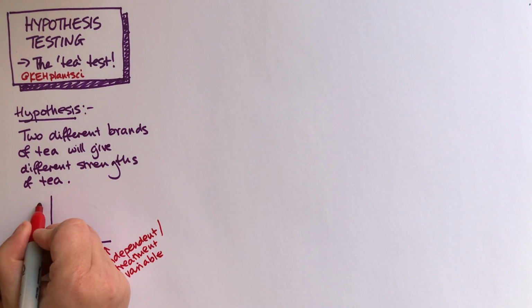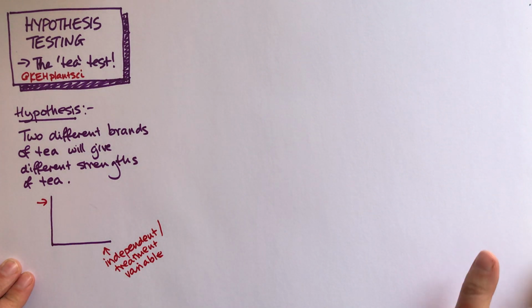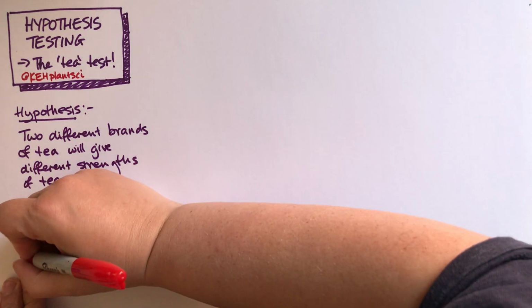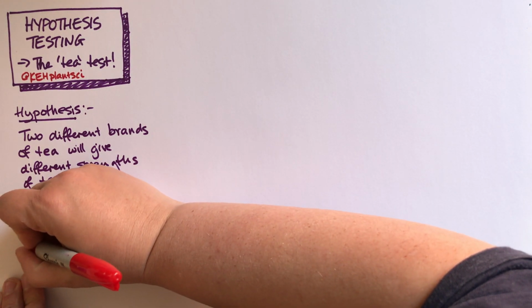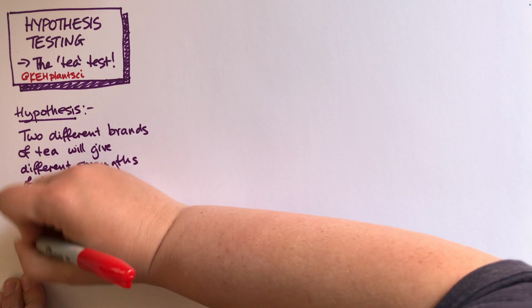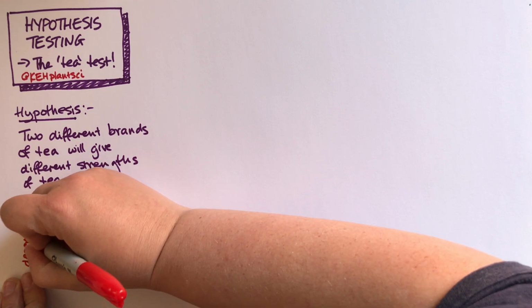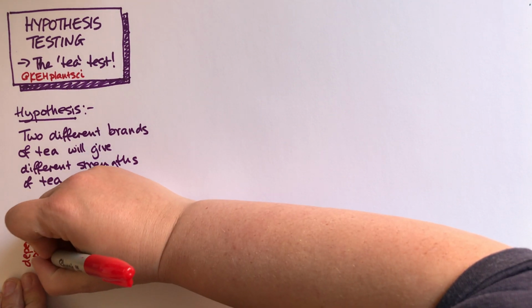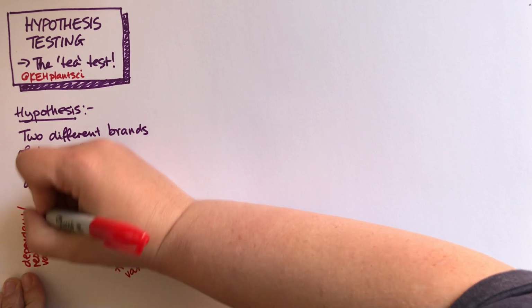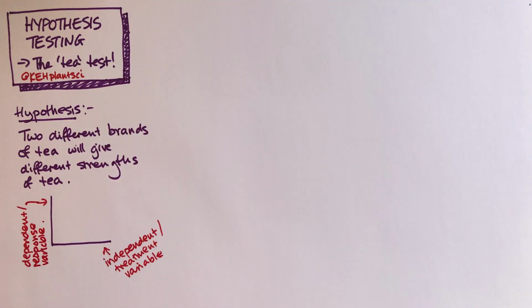And on the y-axis, we usually put our dependent variable, which is sometimes known as the response variable. Okay, so that's the thing that we're actually going to measure.